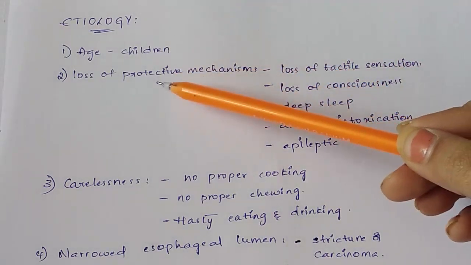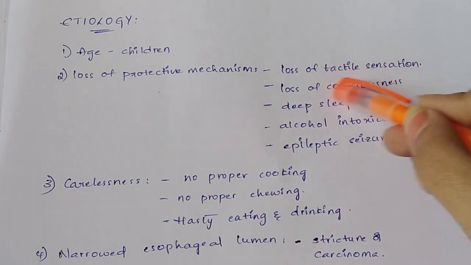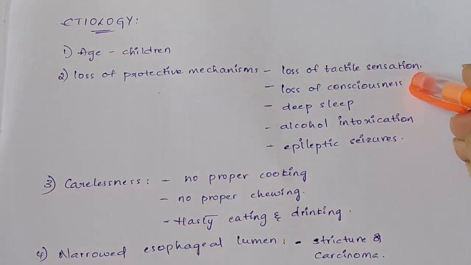Another thing is loss of protective mechanism, which can occur in several conditions. Like when we use upper dentures, there will be loss of tactile sensation. So whenever we swallow any foreign body, that can be swallowed undetected. Since there will be no sensation, we cannot know that we swallowed something, right?